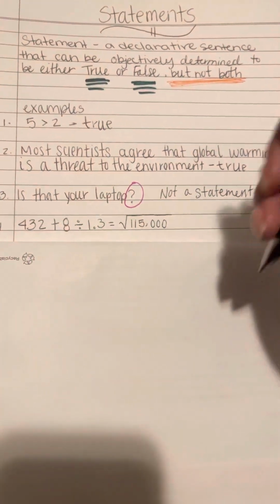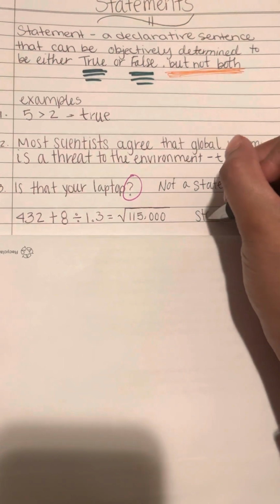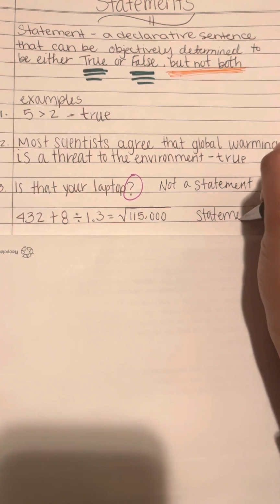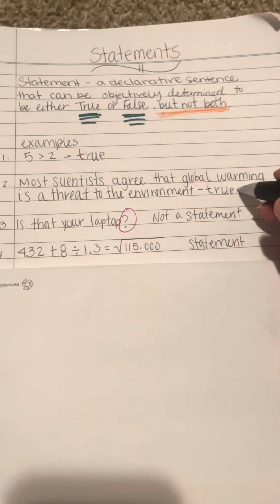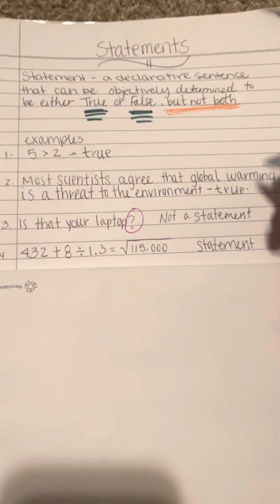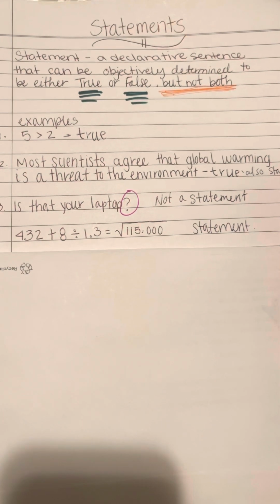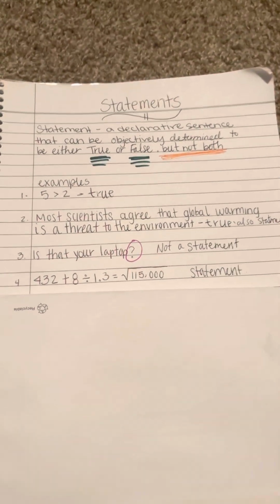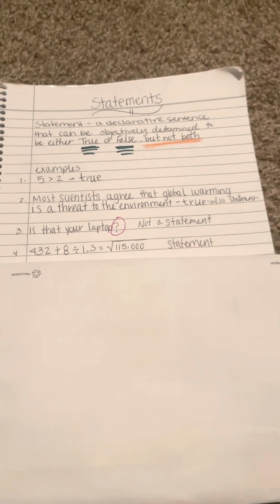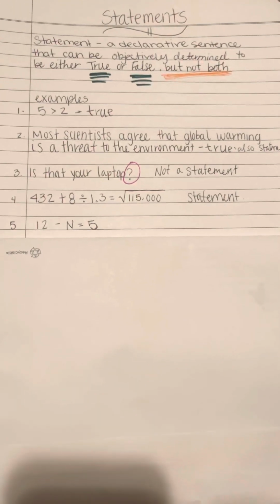But for us to see if it's true or false, we'd have to solve it. So we can just write statement. And same for this one. I'll go back to my second one. It's also a statement. Not saying that it's true or false. Not being biased here, just saying these do work.